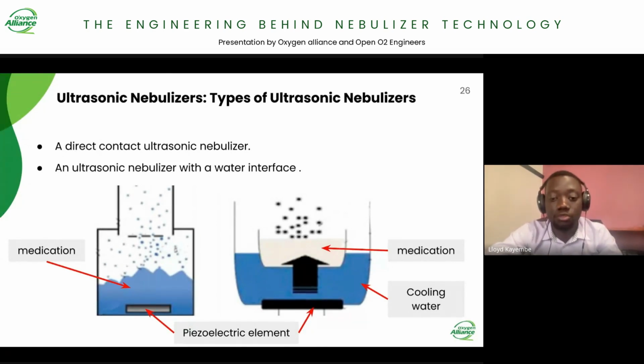So the main reason for using the water interface in some models is to absorb the heat that is being generated by the piezoelectric element. This is important to ensure that heat sensitive medication can be delivered safely without being degraded by the heat that is being produced. These are the two types of ultrasonic nebulizers that you can find.